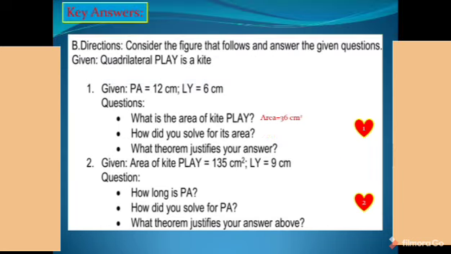So for letter B, number 1, area is 36 centimeters square. Apply theorem number 6. For number 2, you have it here. PA equals 30. Apply theorem number 6.